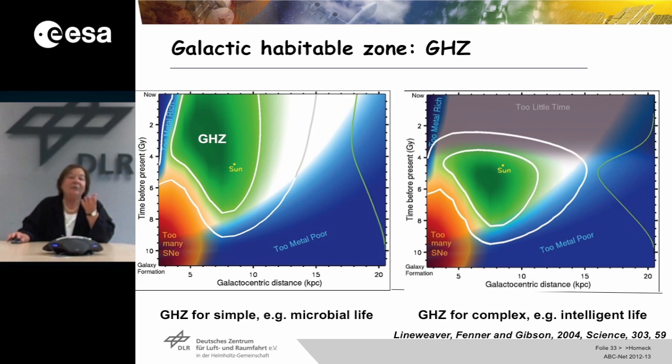And what you can see is it should not be too close to the galactic center, because there are too many supernovae. That's a very reactive region. Further out, there are not all the heavy elements, so the astronomers call metal everything that's heavier than helium. And it could go until today.